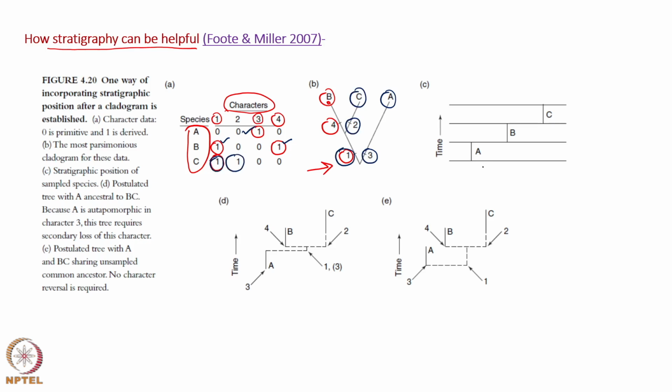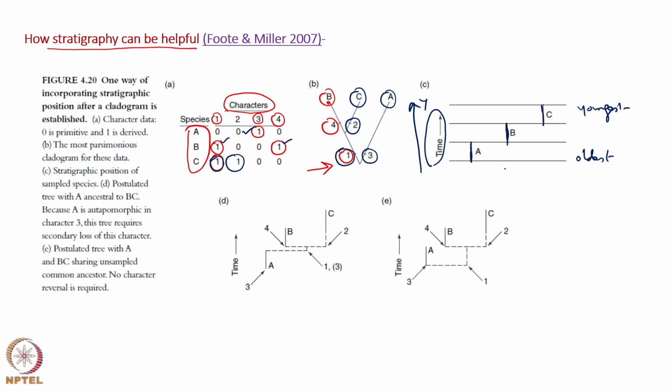Now, if we look at the stratigraphy, consider this is the oldest layer and this is the youngest layer. This is the time direction, or this is the younging. A is restricted in the lowermost layer, B is restricted in the intermediate layer, and C species is restricted in the topmost layer.